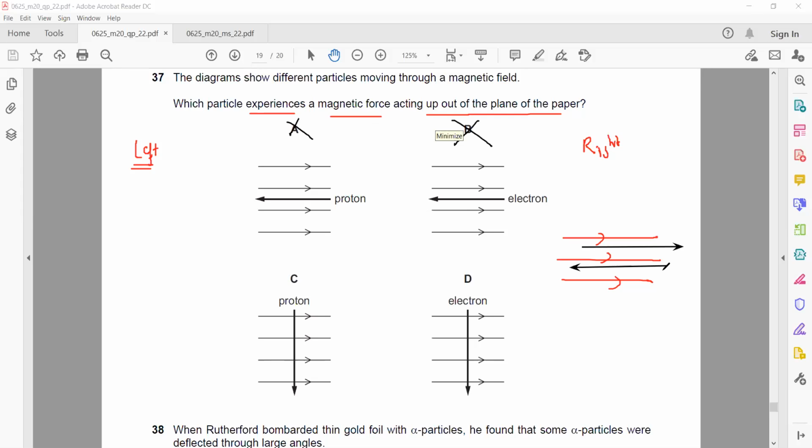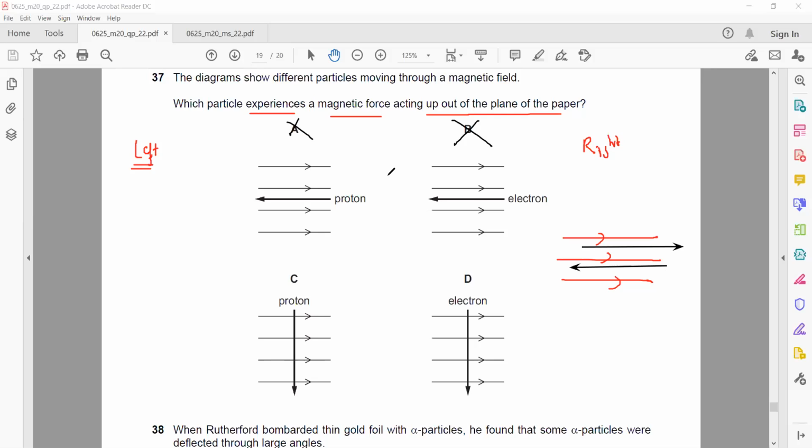This part, the force on a particle in a magnetic field, you will also study in the last topic, which is atomic physics. So this question is from atomic physics, but you already studied Fleming's left hand rule. So you can work it out.